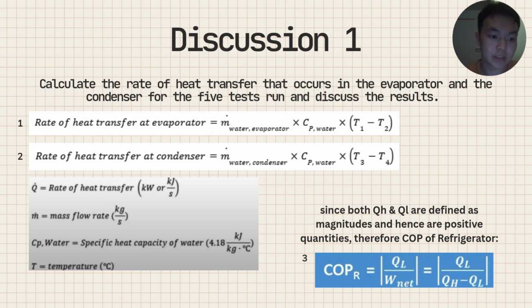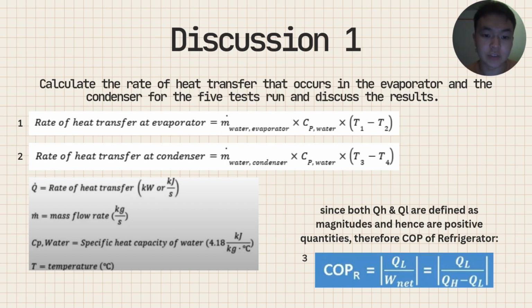And for the condenser, it is mass flow rate multiplied by the specific heat capacity of water multiplied by temperature 3 minus temperature 4, which gives the rate of heat transfer at the condenser.